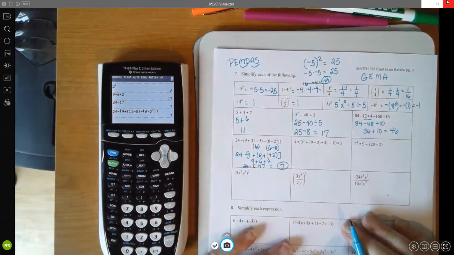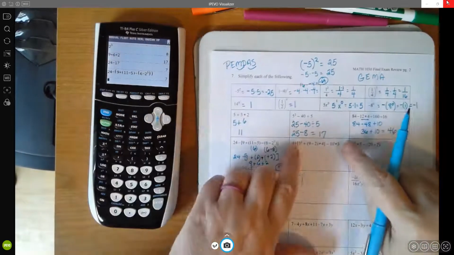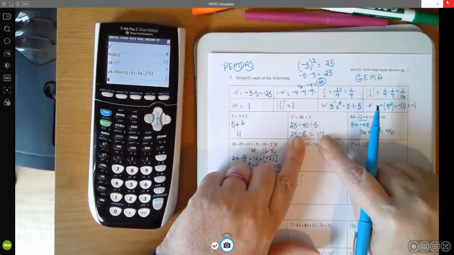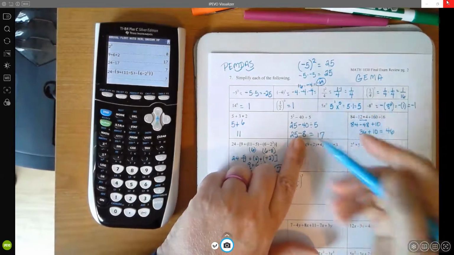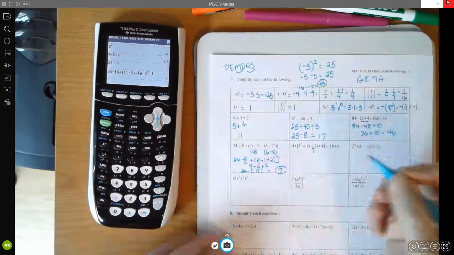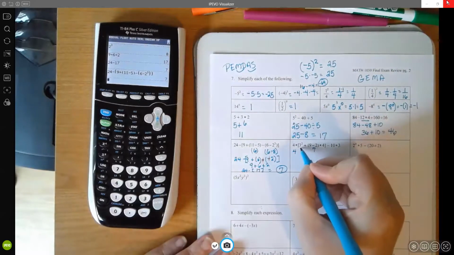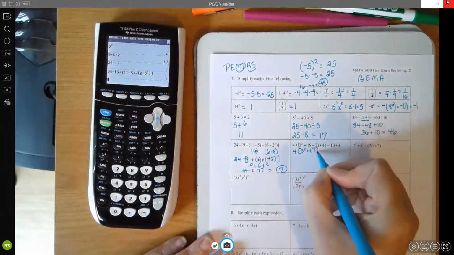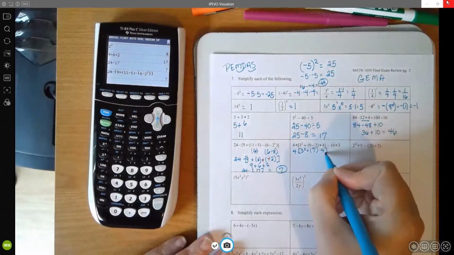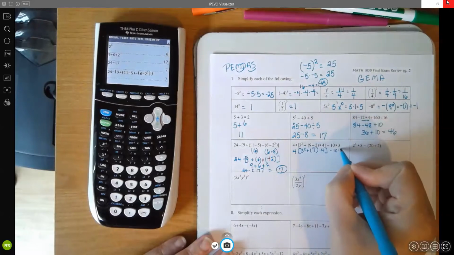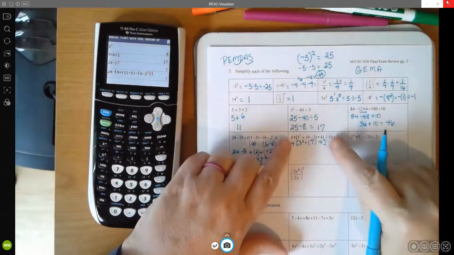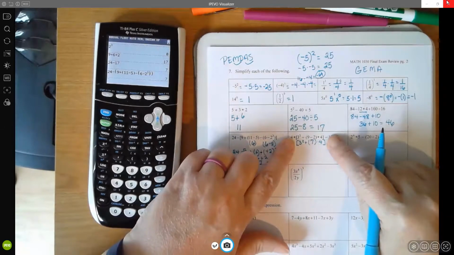Let's go on to the next problem. Again, I will go to the smallest set of parentheses, cover up everything else, and only concentrate on the inside part. 9 minus 2 would be 7. I'm going to copy down everything else just like it's written. Then I'm going to look at what I have left. That would be the next set of brackets.